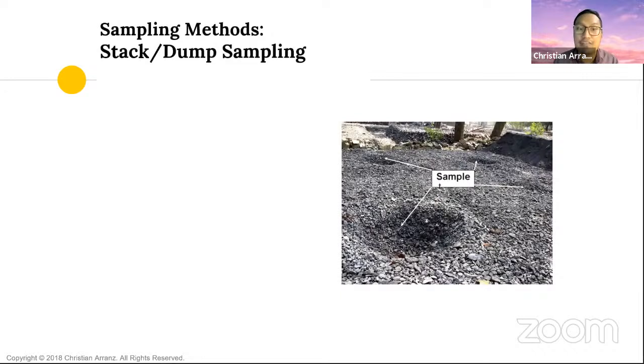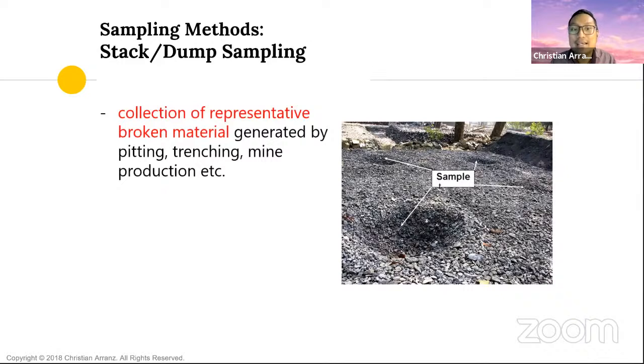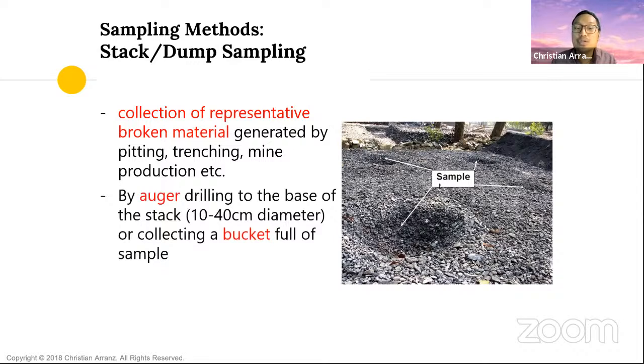And then we also have what we call stack or dump sampling. So stack and dump. So you have stacks or dumps of material, and you are collecting these materials to be stacked at certain intervals or at certain portions. Okay, so you can use an auger, if you would remember the auger drill, handheld, or you can just collect a bucket sample.